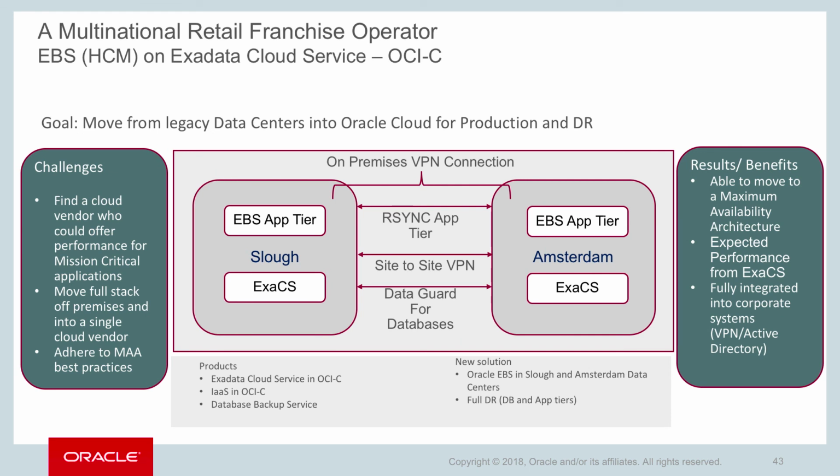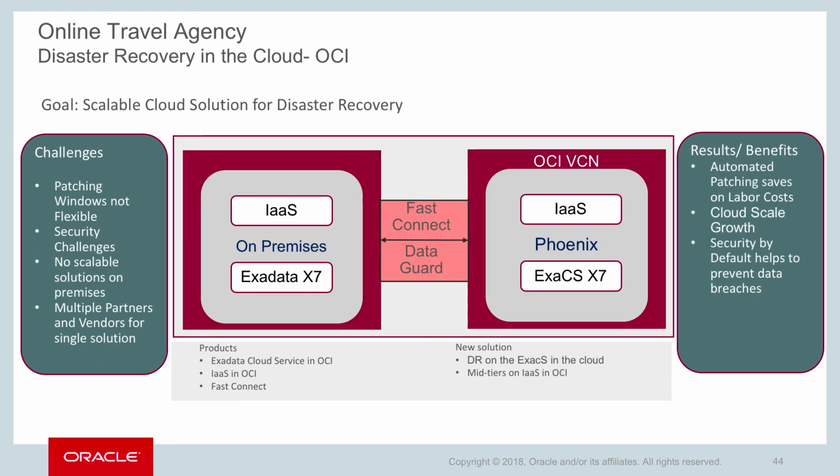In this customer reference story, a multinational retail franchise operator migrated their e-business suite HCM to Exadata Cloud Service on Oracle Cloud Infrastructure Classic Service. And in this customer reference story, an online travel agency implemented their disaster recovery application architecture on Oracle Cloud Infrastructure.